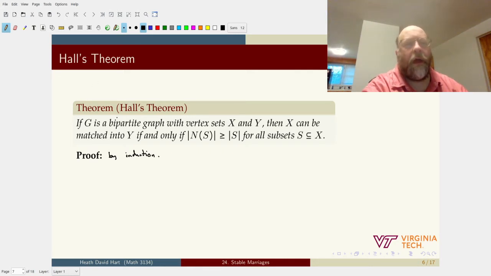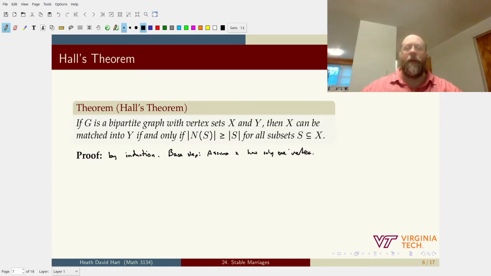So we're going to start with the base case. Your base step is: assume X has only one vertex. Well, since X has one vertex, then that vertex has to have at least one neighbor by the condition.